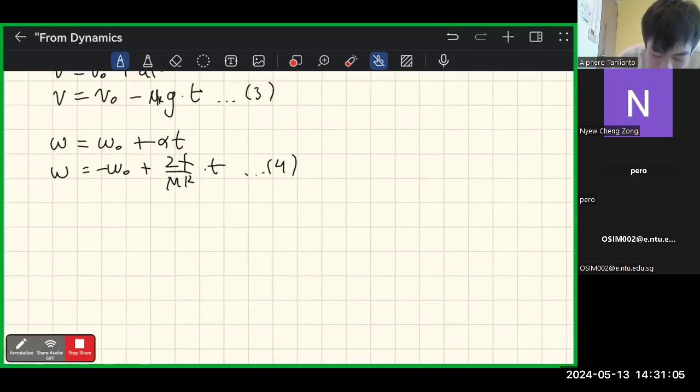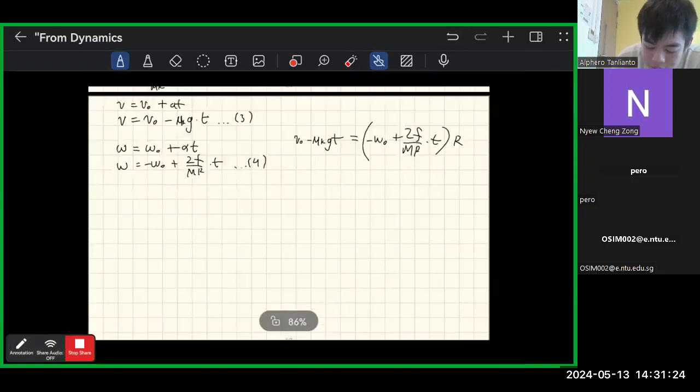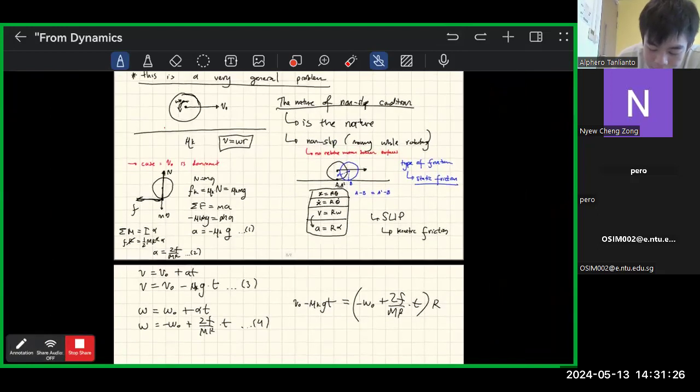So to reach the final non-slip condition, it has to be V equals omega R. So the V here is V naught minus mu k g t, equals omega R, where the omega is negative omega naught plus 2F over mR times t, times R. Why? Because it's V equals omega R, right?